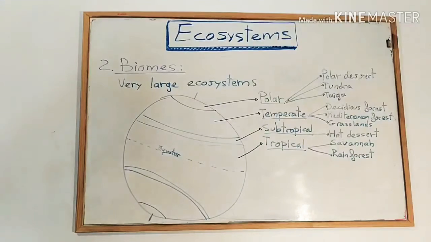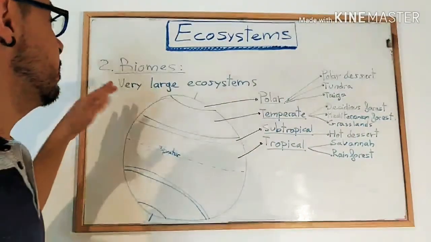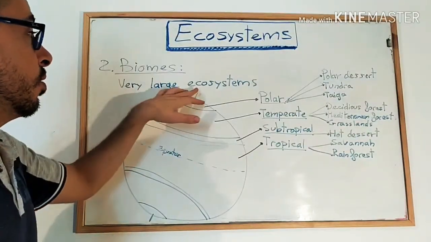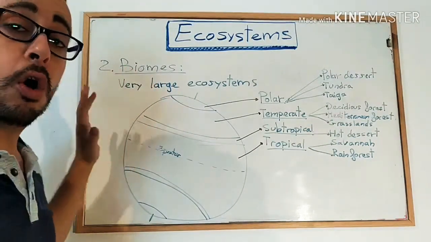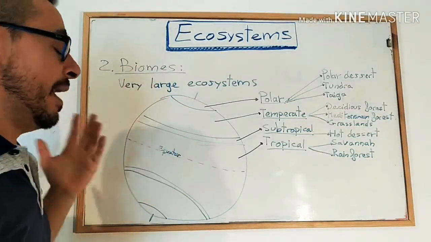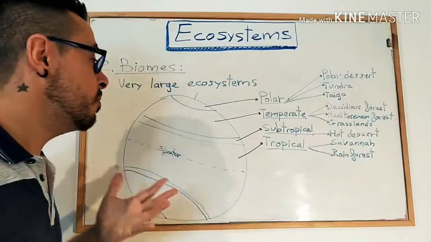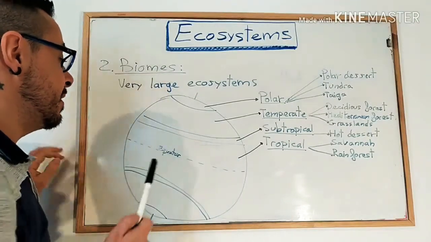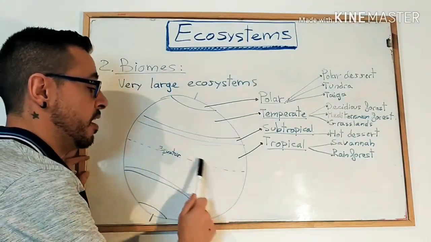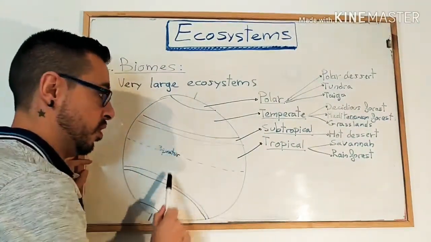Okay, so when an ecosystem is very large, we call it a biome. These biomes depend on the climate. As we learned in the first term, there are several climates on the earth and they depend on the latitude of the earth.